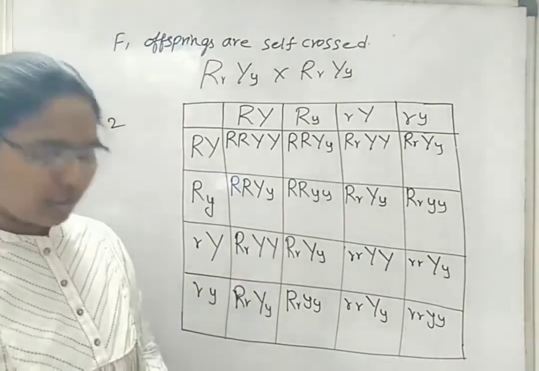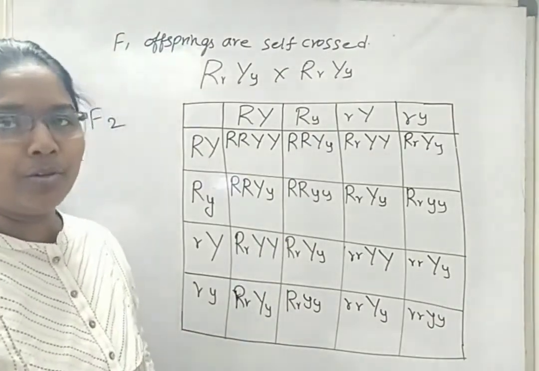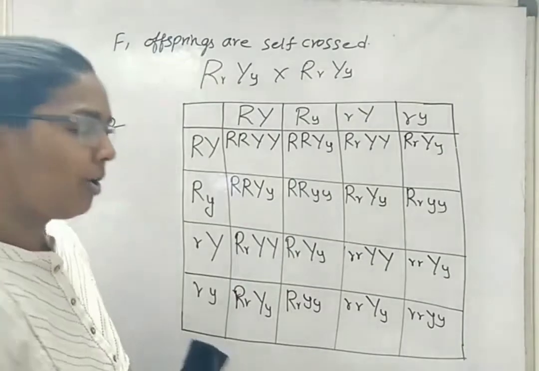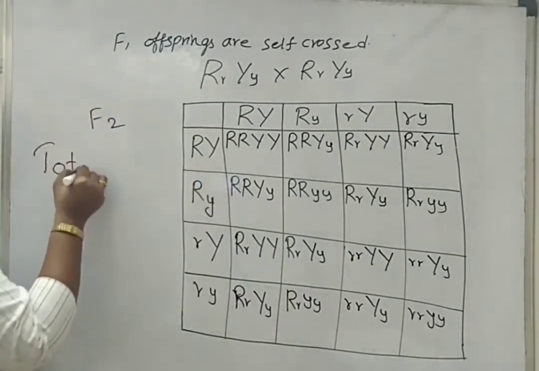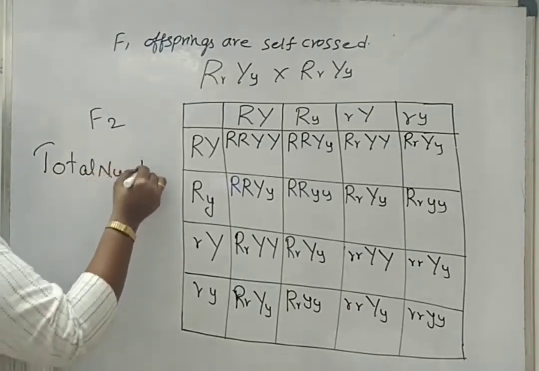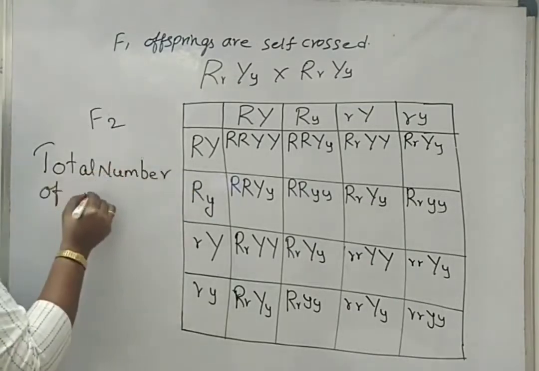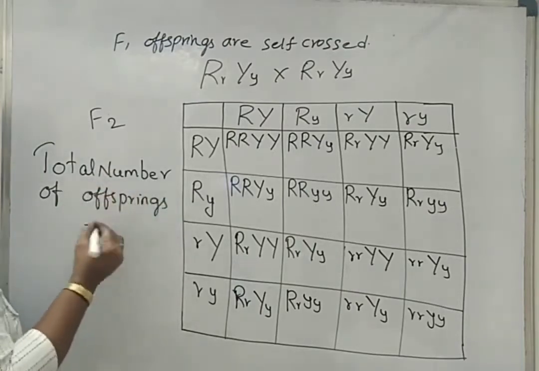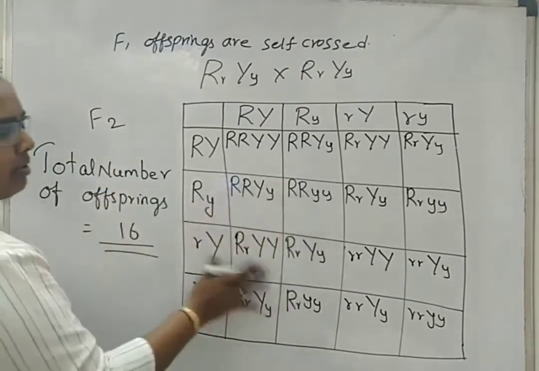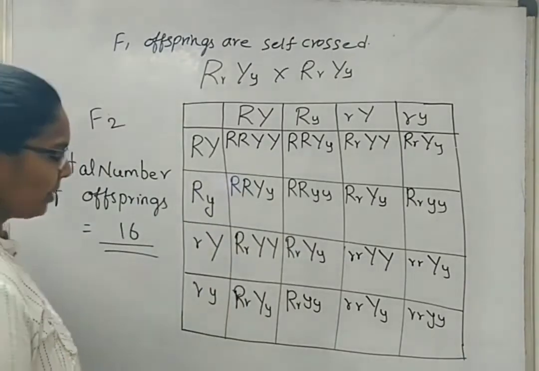Now we will sort out some MCQs from this distribution of gametes and the obtaining of the offspring. Suppose we ask the question: total number of offspring? The answer will be 16 according to this distribution of gametes.